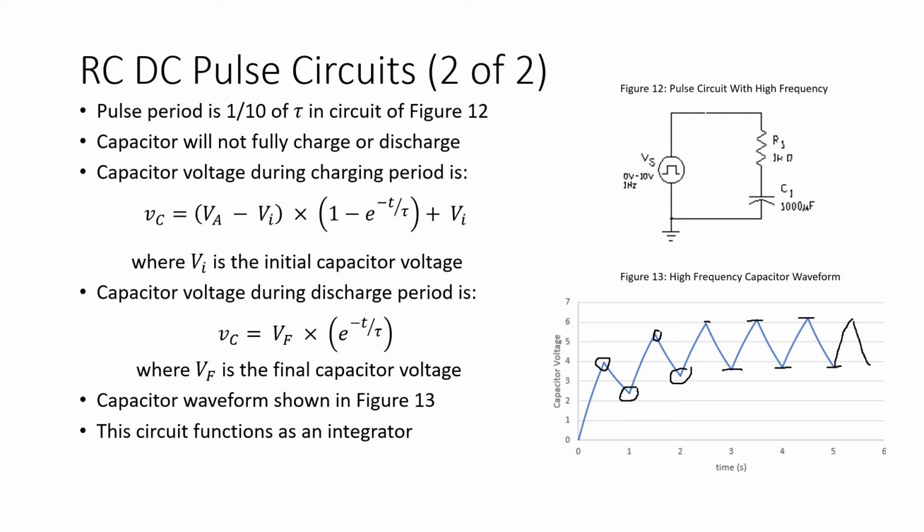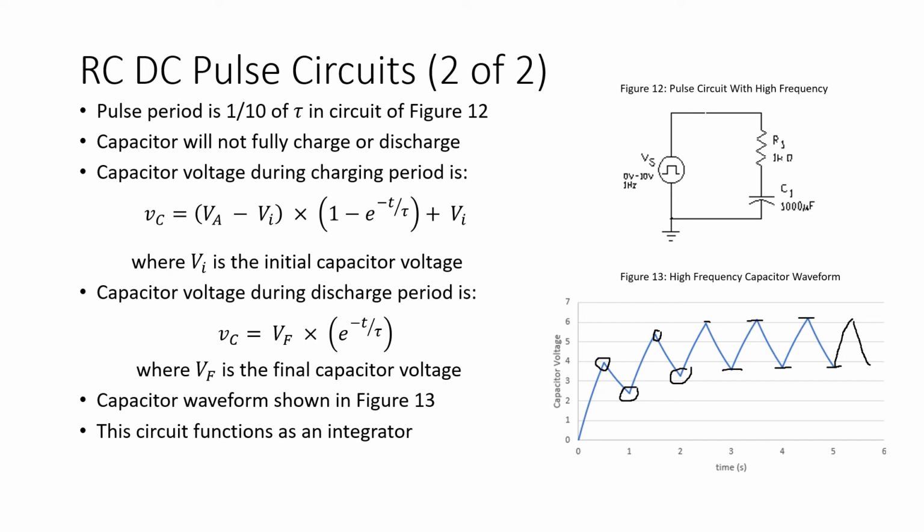And in electronics, we use this sort of circuit to perform the mathematical operation of integration. And if you've taken calculus, you remember that integration is finding the average of a function with respect to time.